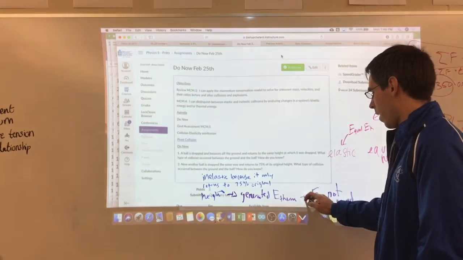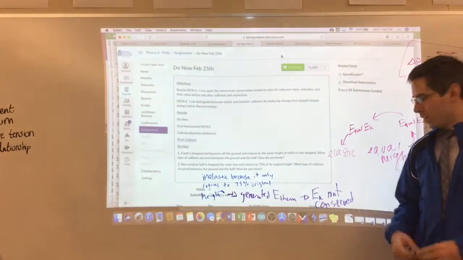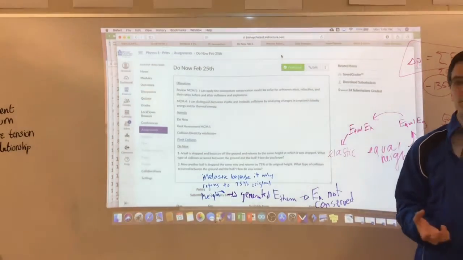All right. So if you're generating thermal energy in the bounce, then that means that your kinetic energy was not the same before and after.